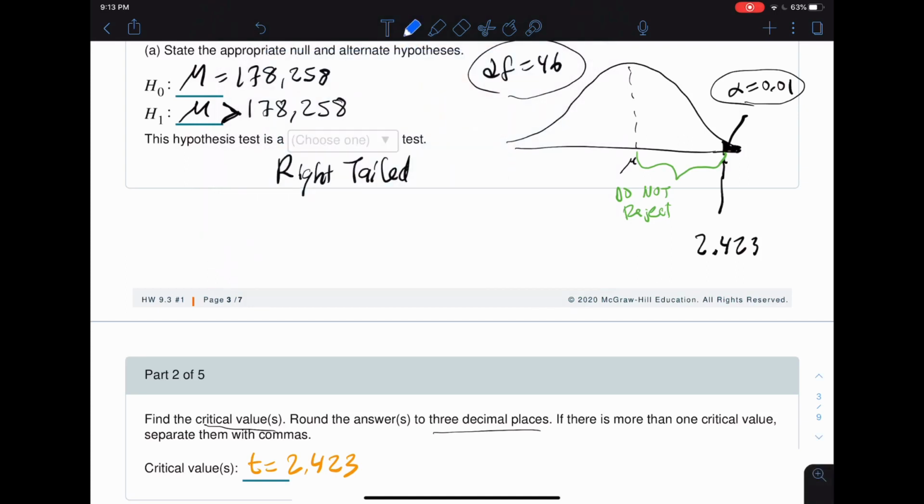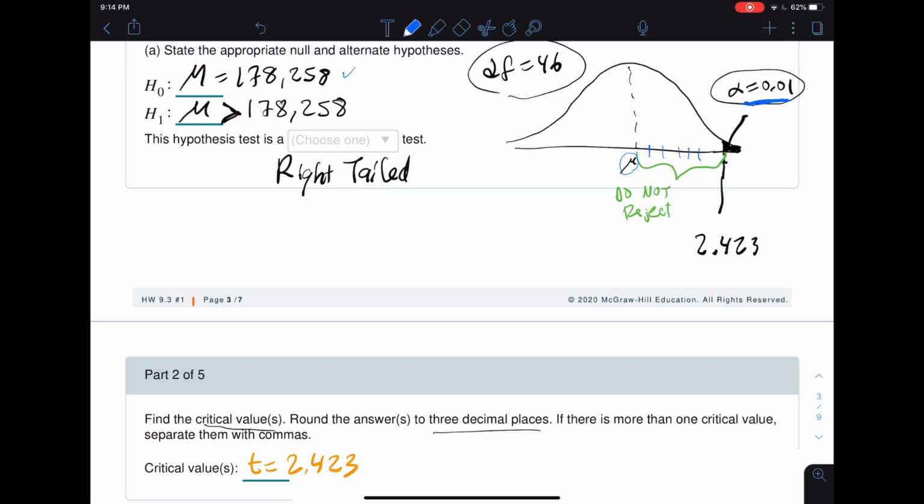That basically says, like I said last time, I've got this population mean, and I want to see if doctors make more than it. Doctors, according to that census, make $178,258. Well, we sampled 47 randomly in LA, and we want to know, do they make more? If we plot that sample mean and it's somewhere in here, we can say, given this significance level, we could hit these points by chance, just by sampling.